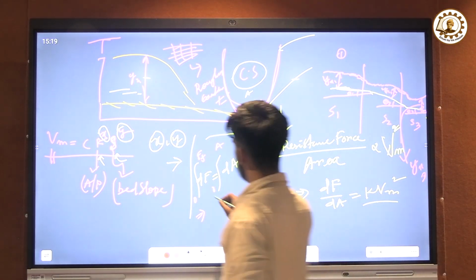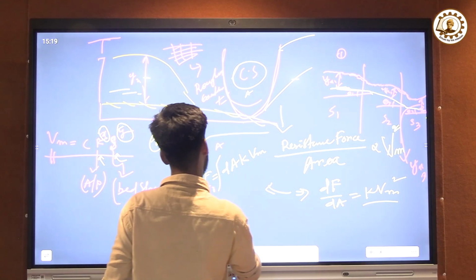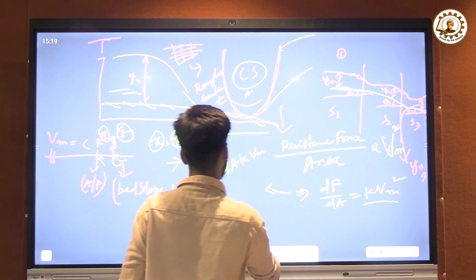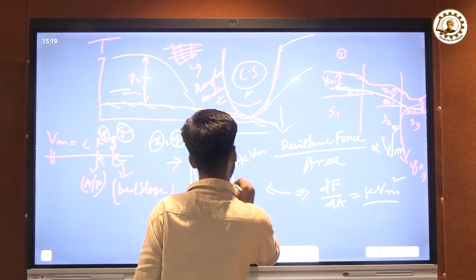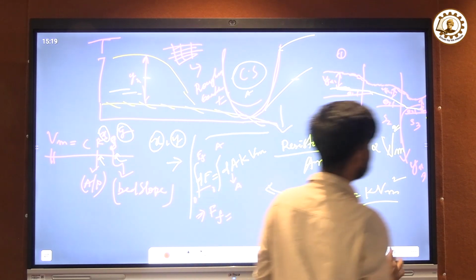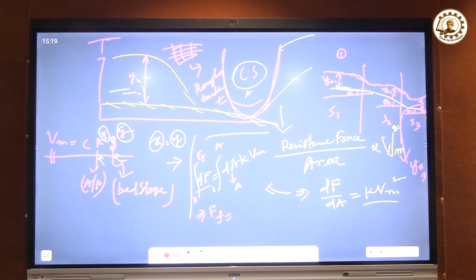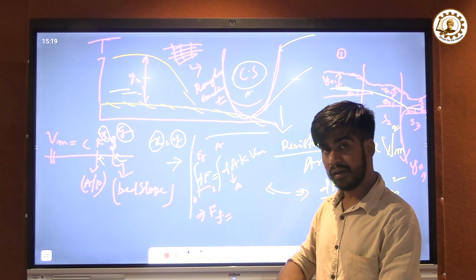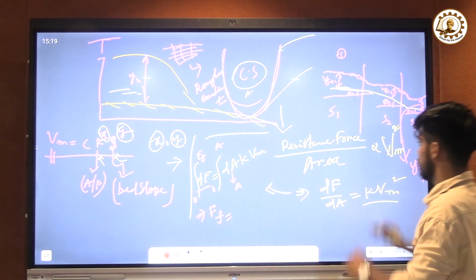Now there is dF. Now we can have this. Now that will be equal to A. Now what is the actual A here? This is not the cross sectional area. This is the total area of the bed and the side wall.